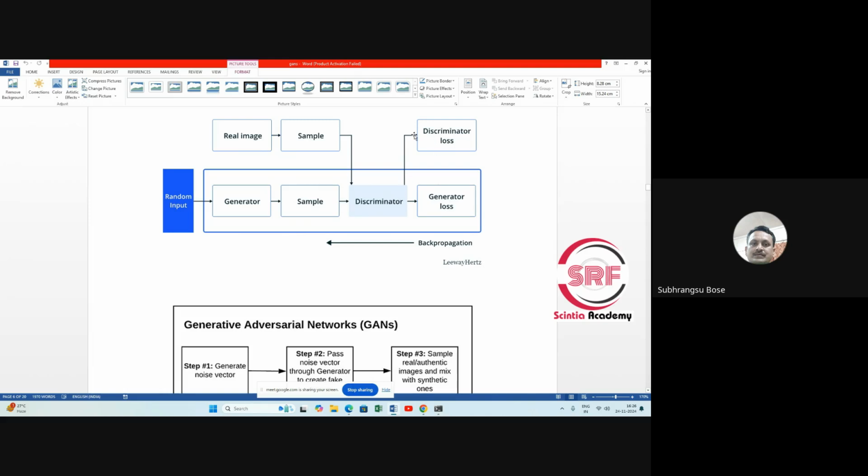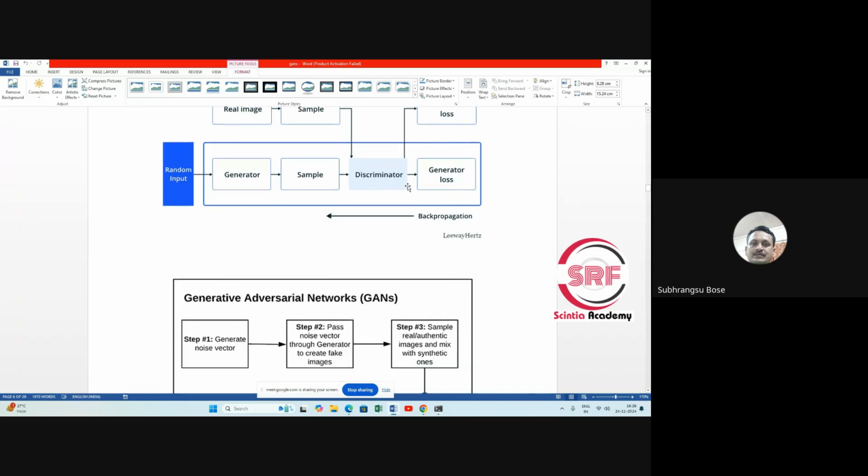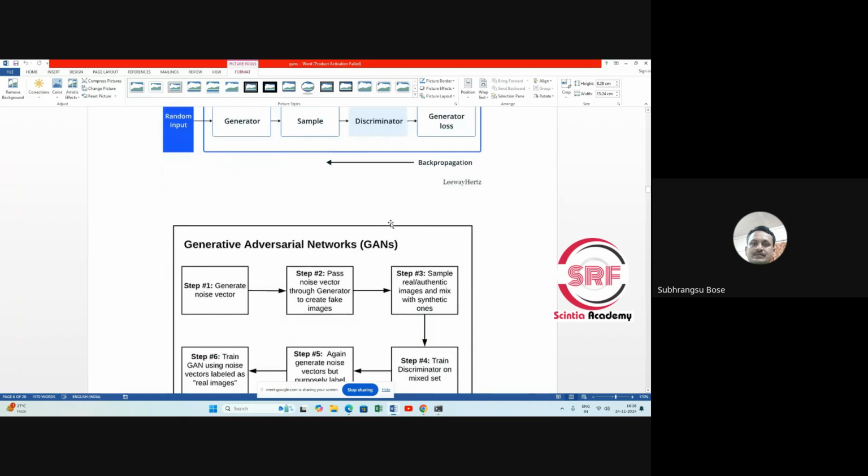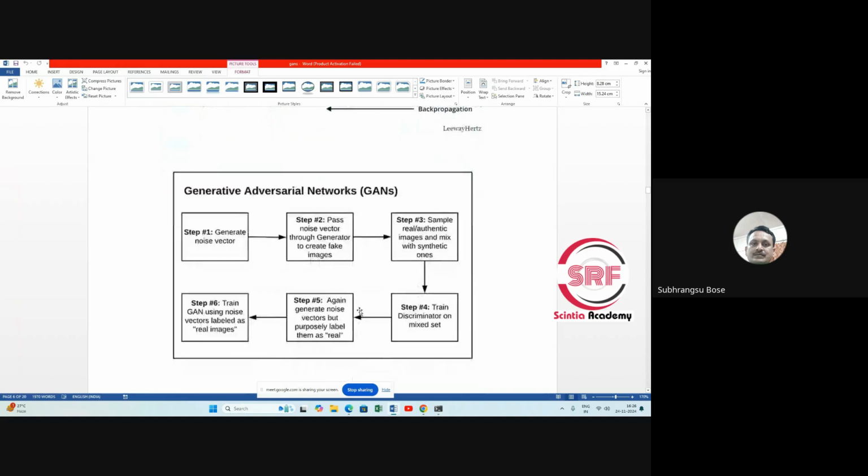This discriminator loss is backpropagated to its neural network and trained, and then the iteration continues until these losses are minimized. This is the total technique of DCGAN or any type of GAN.